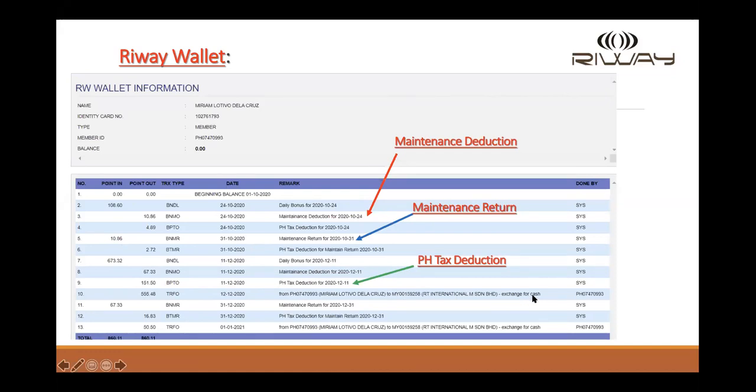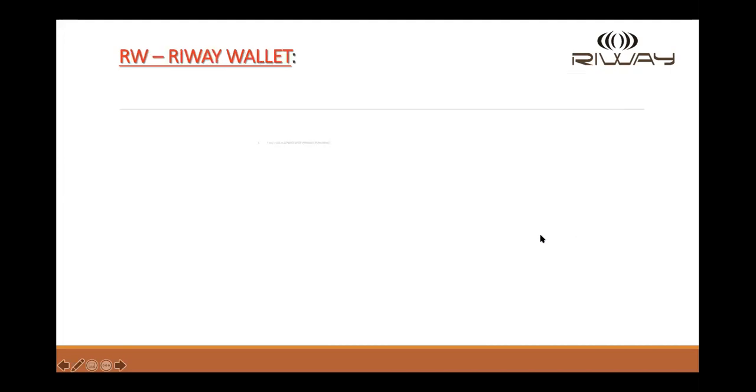So what I do is I keep rolling funds with John. John will pay or transfer the money equivalent to 555.48 to Miriam. All right. And that is how we do. Now, in the course of encoding in your Riway wallet, oh, sorry, back.